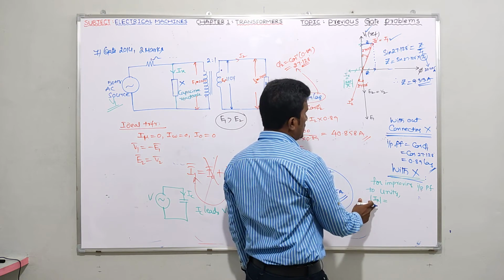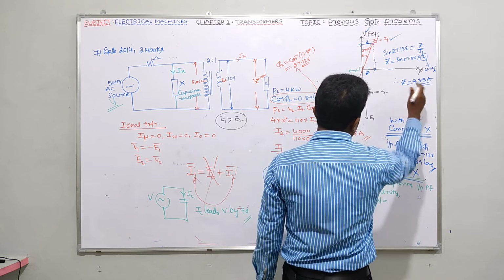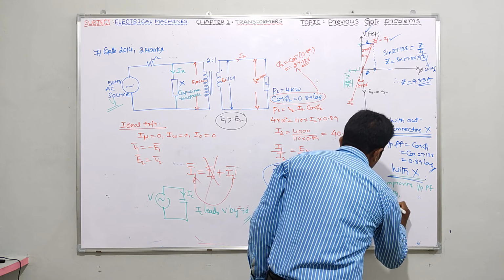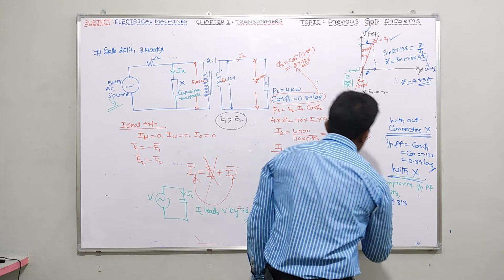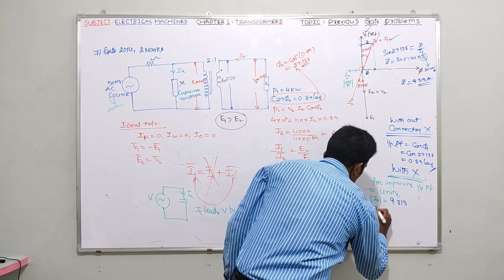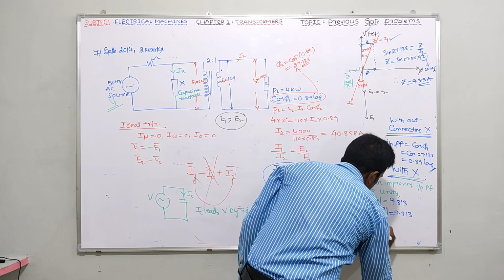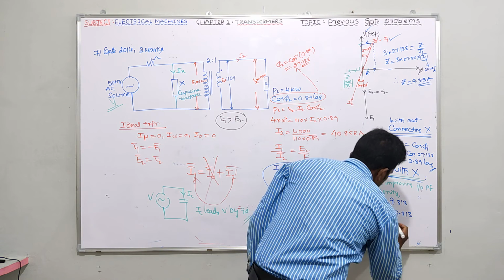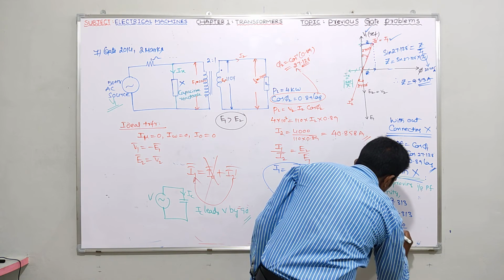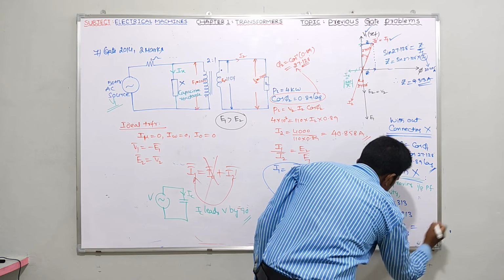So mod Ix should be equal to 9.313. Ix means, as I already told, mod 220 by X equals 9.313. So tell me from this, X value how much? 220 by 9.313 is your answer.